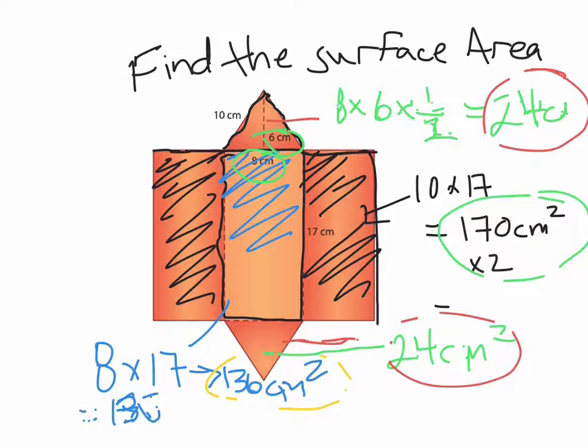So I'm going to take the 24 centimeters squared of the top triangle plus the 24 of the bottom triangle plus the two rectangles with a surface area of 170 centimeters plus the bottom of my shape, which has a surface area of 136 centimeters, to get an overall surface area, grand final answer.